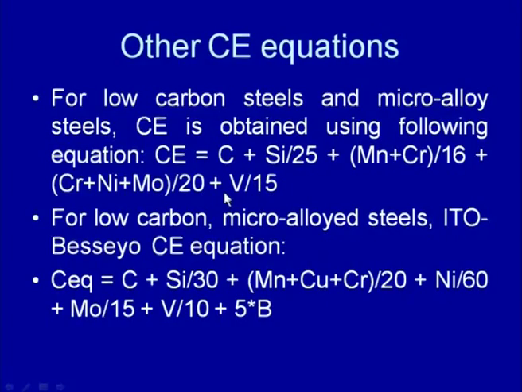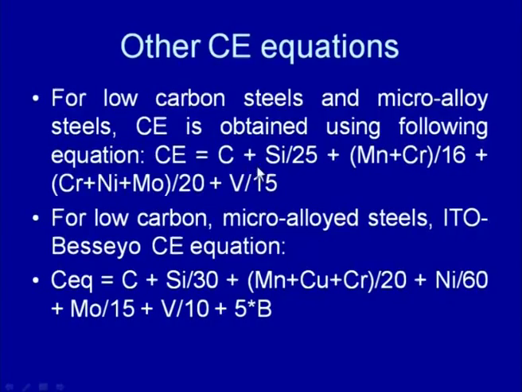For example, here the vanadium divided by 15 indicates that its effect on the hardenability or carbon equivalent is more as compared to that of silicon. So, this is how the effect of each element on the carbon equivalent is different, and that depends upon the coefficient by which it is divided.